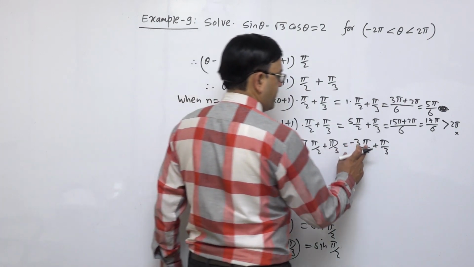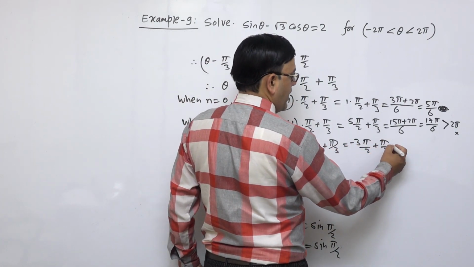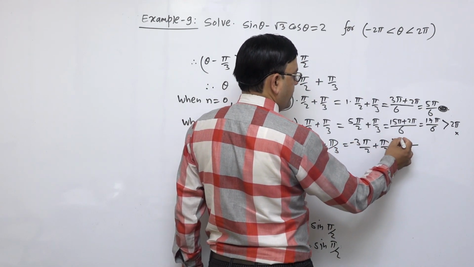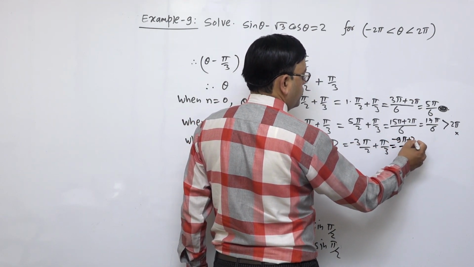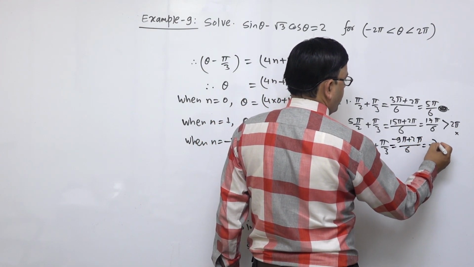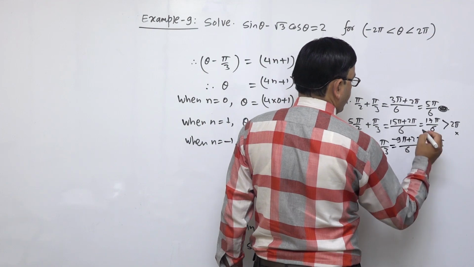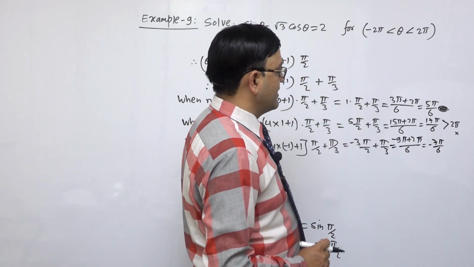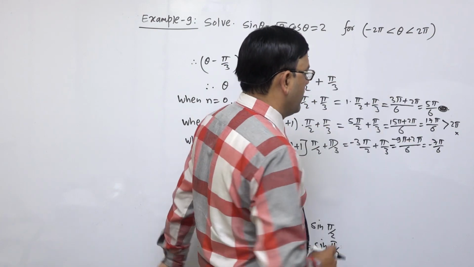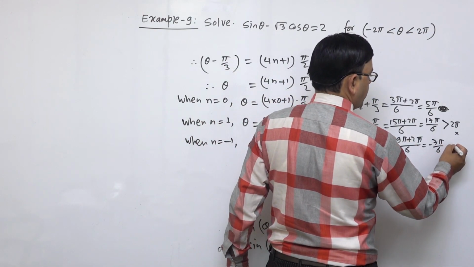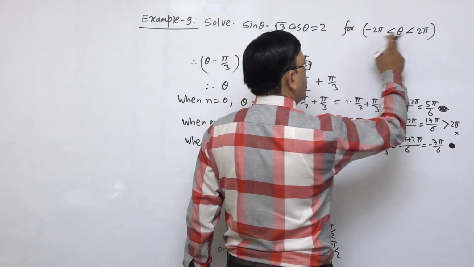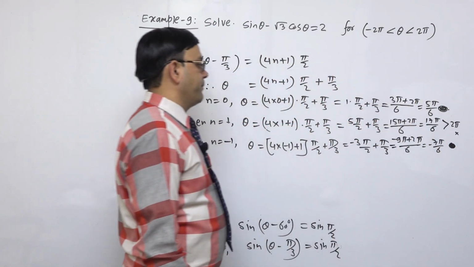So we have 6 as LCM, then minus 9 pi plus 2 pi, so we have minus 7 pi by 6. Minus 7 pi by 6 means 1 point something, so it falls inside, therefore this is also our answer. It lies between minus 2 pi and plus 2 pi.